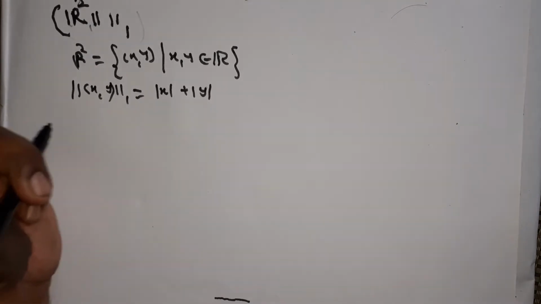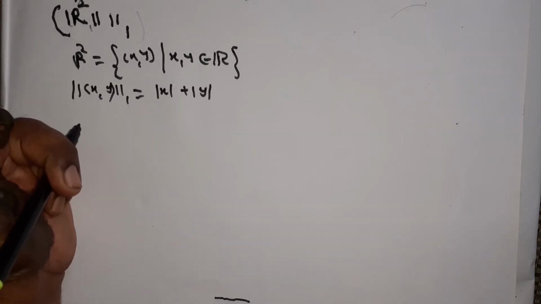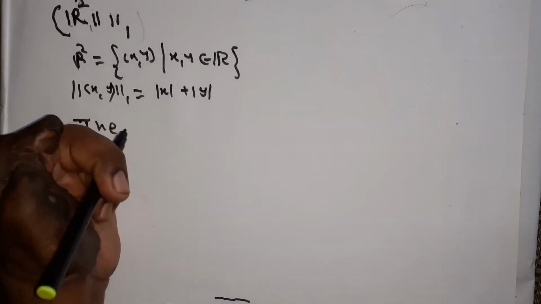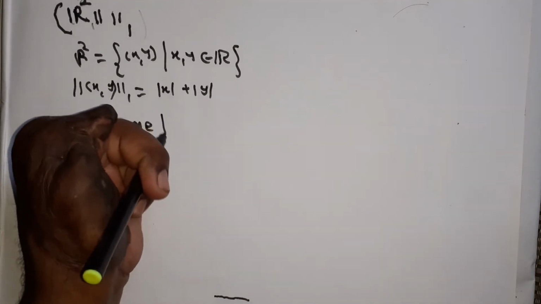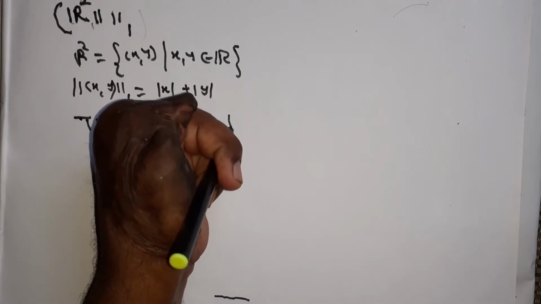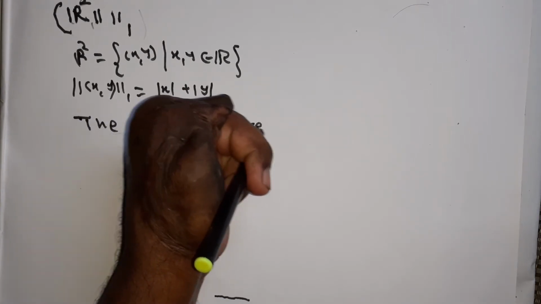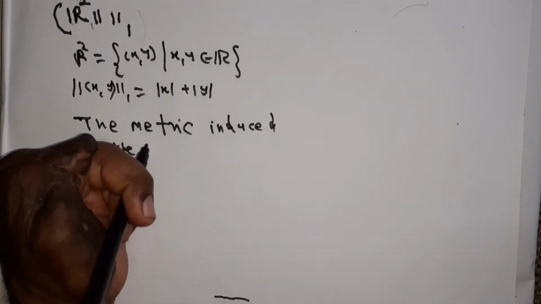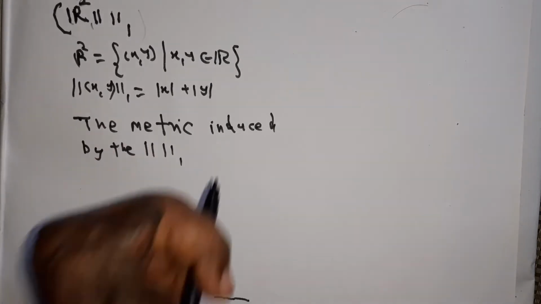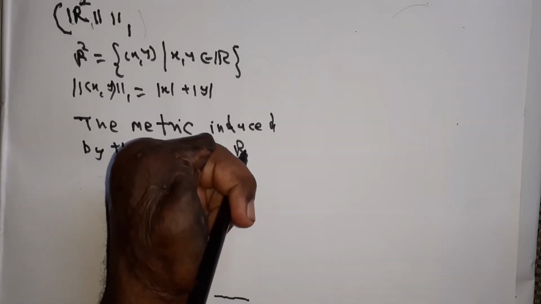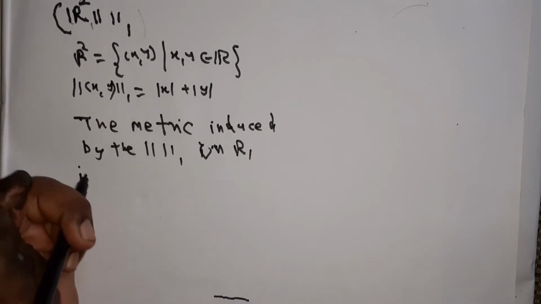Now in R2 with norm 1, the metric induced by the norm 1 on R2 is denoted by D1.